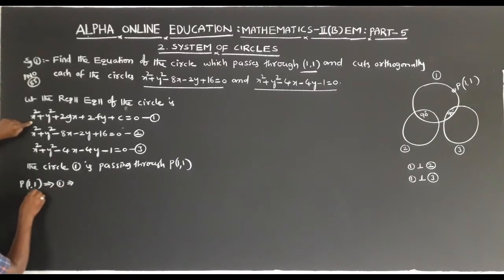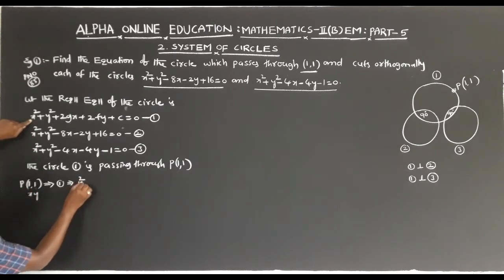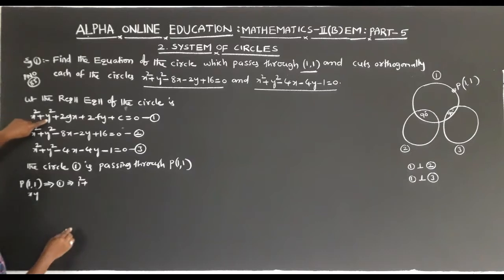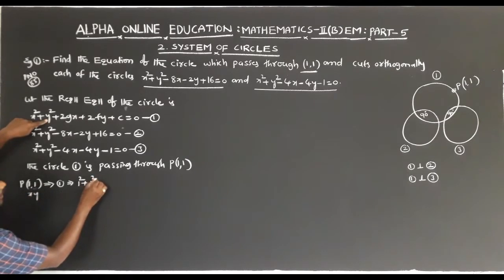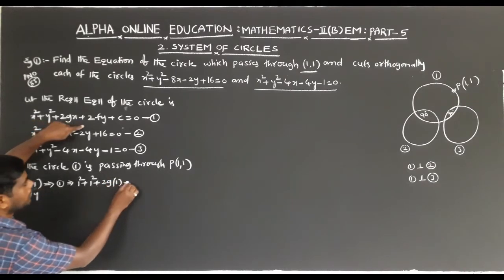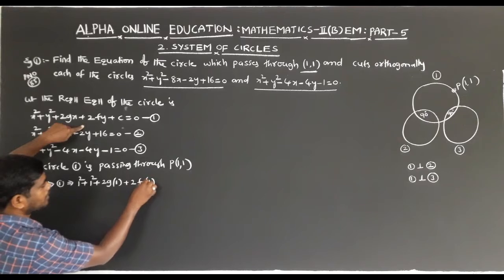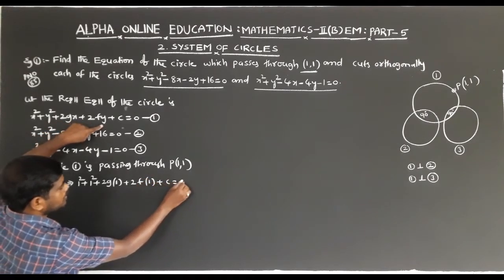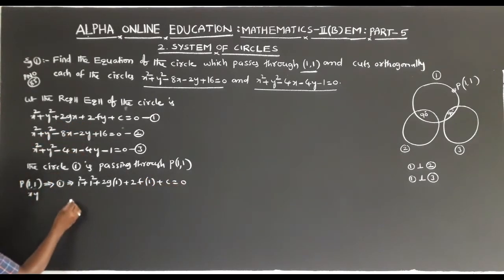Substitute x equal to 1, y equal to 1: 1 square plus 1 square plus 2g into 1 plus 2f into 1 plus c is equal to 0.